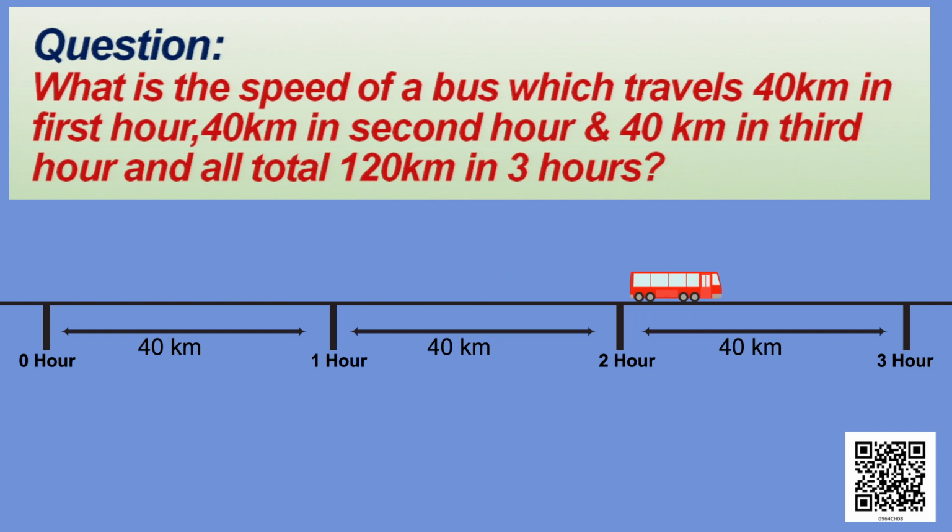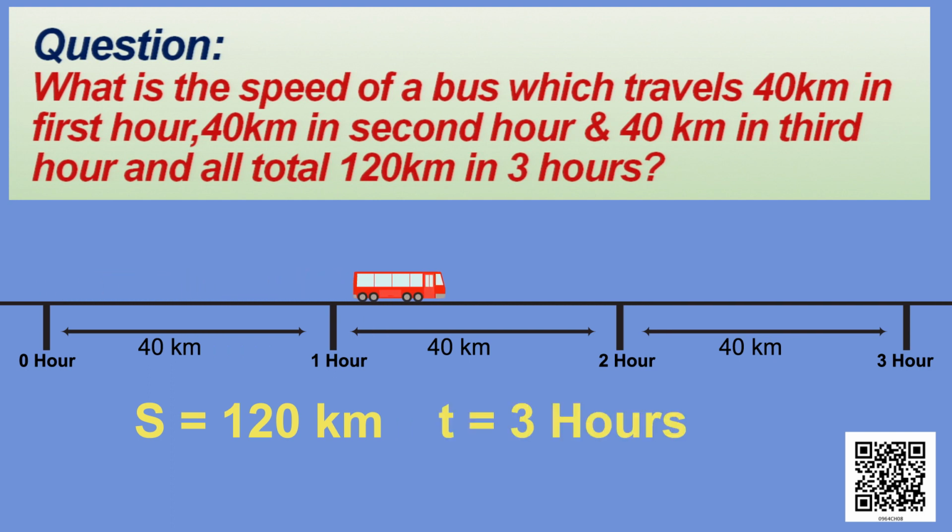All total 120 kilometer traveled by the bus in a total time of 3 hours. So the distance travelled, as I have mentioned in my discussion, is denoted by the symbol S, S equal to 120 kilometer, time taken T equal to 3 hours. So the bus is moving in a straight line path in 3 hours.